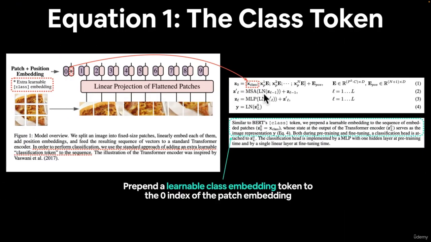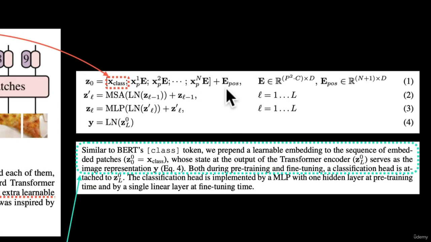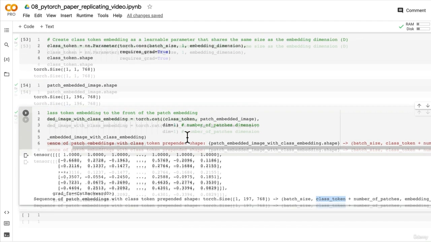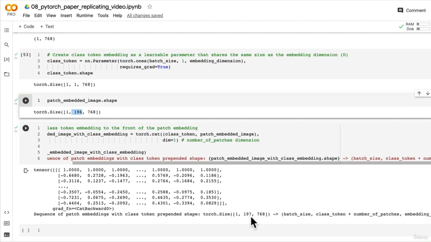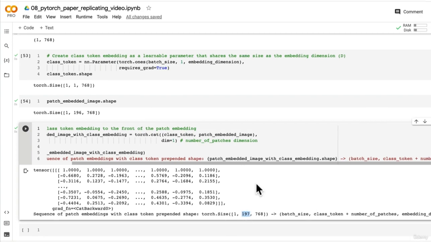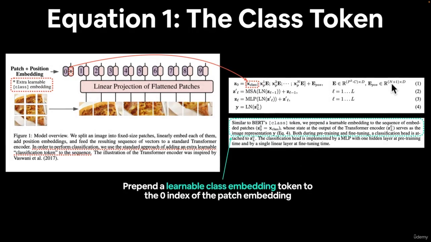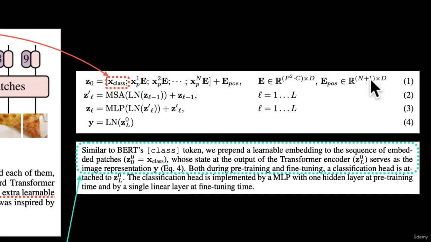So if we go back to the keynote, we've now got this section here. And you might see that the shape of E_pos is N+1, because we originally started with 196 patches, but once we add in the class token, we now have 197, which is why we have number of patches plus 1.